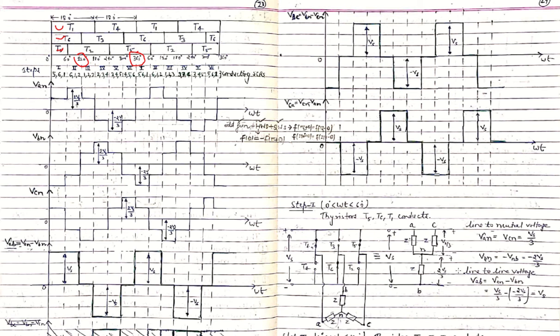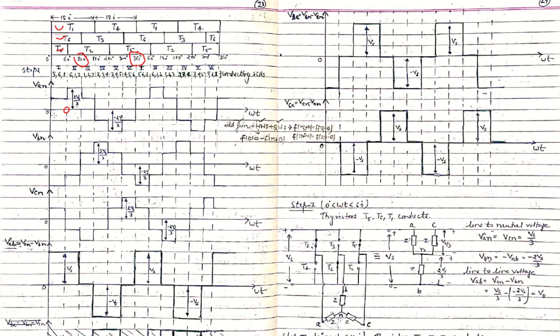So we will draw the waveform. See in the waveform, this is Van, this is Vbn, this is Vcn, and this is the line voltage Vab equals Van minus Vbn. Up to the 60 degree point, Van equals Vcn equals Vs by 3.